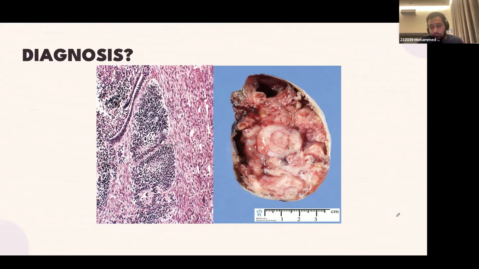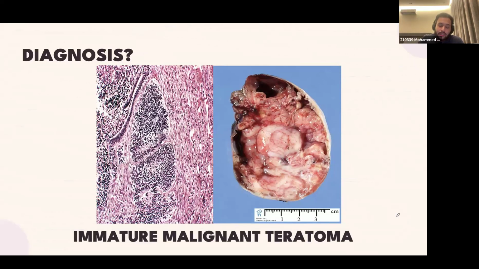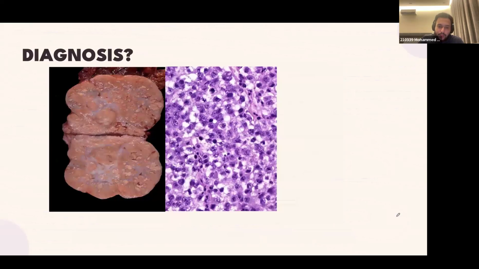This is immature teratoma, caused by what type of tissue, usually? Neuroectoderm tissue, okay? That's all you need to remember. Immature teratoma is much more malignant than mature teratoma, and it's usually formed by neuroectoderm tissue. Okay, that's it for this type of tumor.